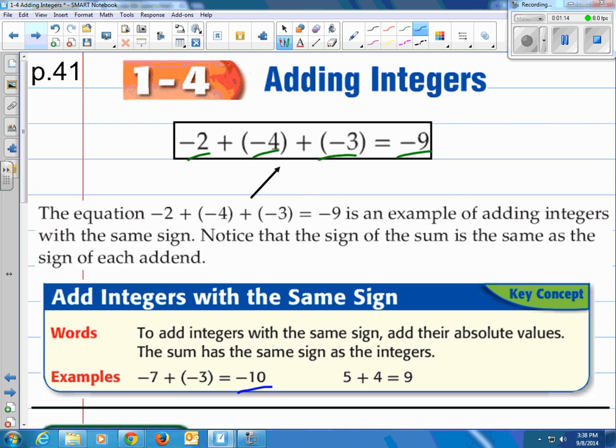It's like they added the 7 and the 3 and they put a negative on it. Here we have 5 plus 4, and both 5 and 4 are positive, so therefore the answer will be positive. But basically, in general, when you have the same signs and you're adding, your answer, your sum, will be that sign.